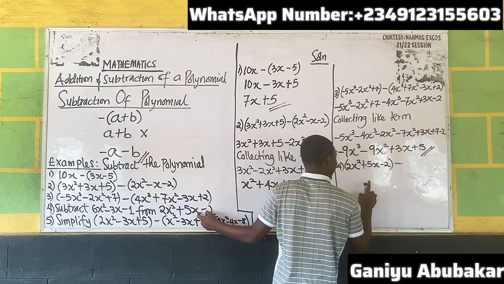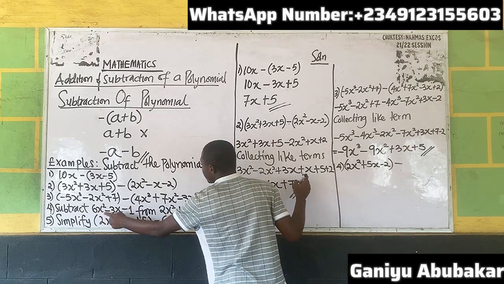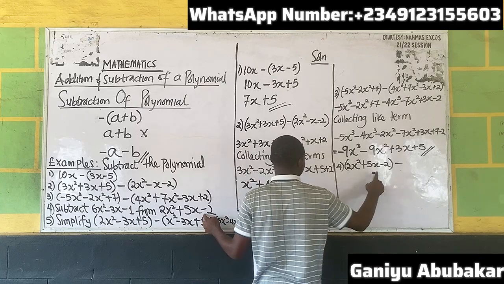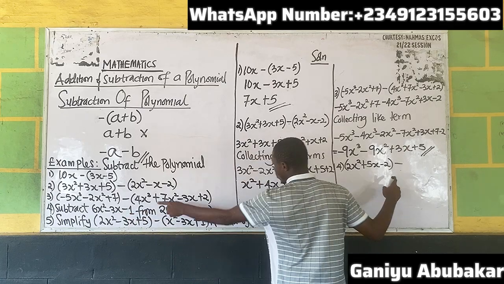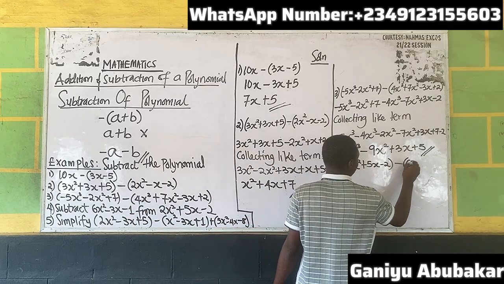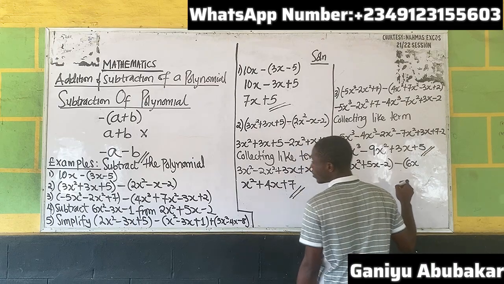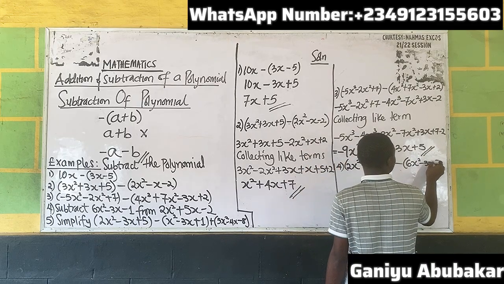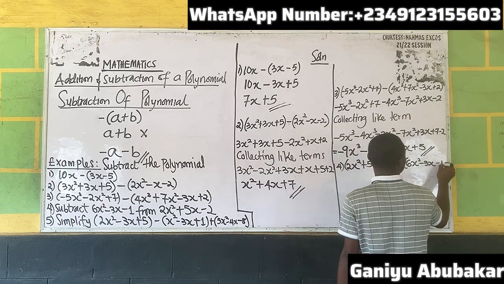Then, subtract this value from this, so this one should come first. Then from this, I'll take away this one. That's 6x squared minus 3x minus 1.